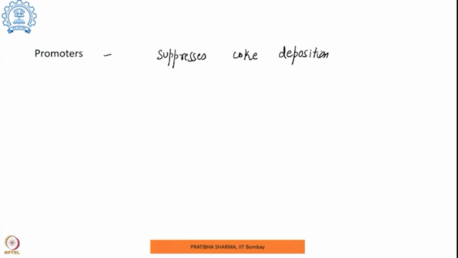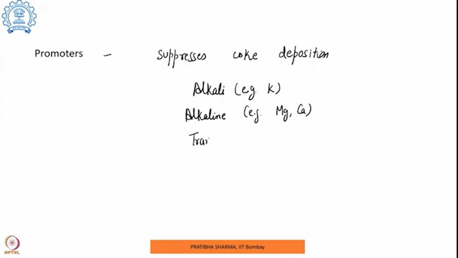The promoters used include alkali metal elements like potassium, alkaline earth metals like magnesium and calcium, transition metal based ones including molybdenum and tungsten, and from the lanthanide series, lanthanum and cerium.